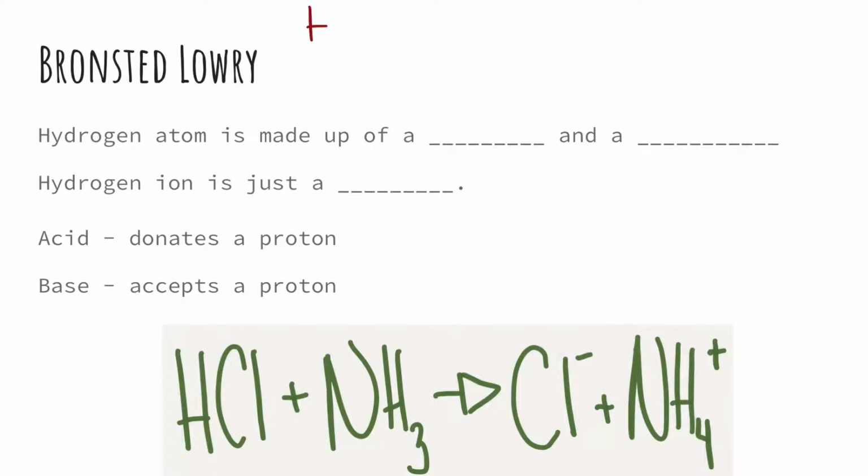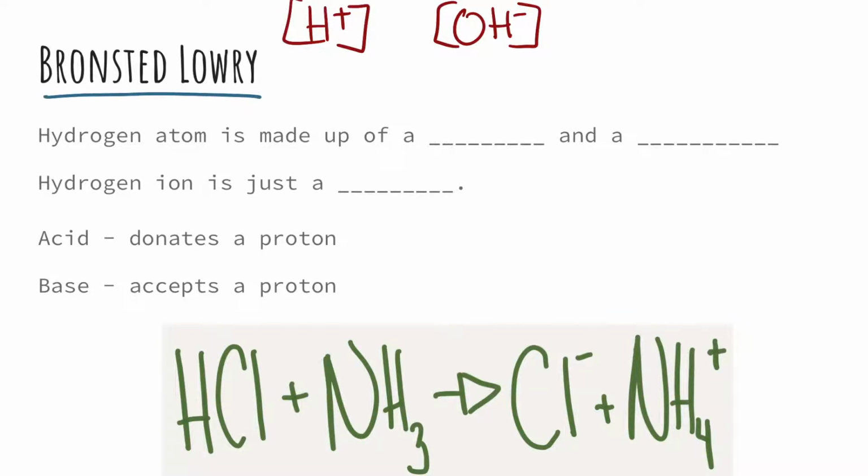Not all chemicals that affect the hydrogen ion concentration or the hydroxide ion concentration do that by directly adding those ions to the solution. So we are actually going to turn to the Bronsted Lowry definition, which is going to give us a little bit of a broader definition. A hydrogen atom is, of course, made up of a proton and an electron.